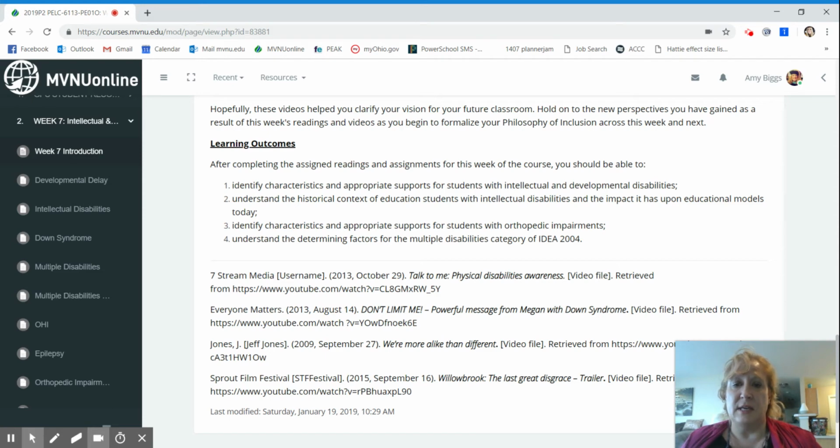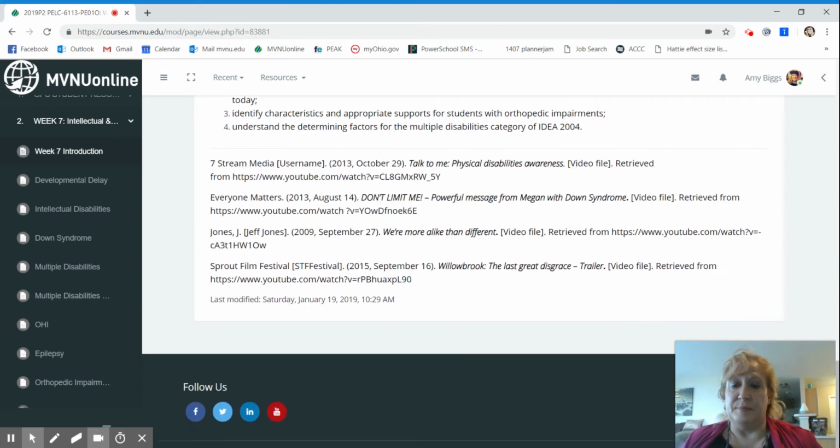You need to understand the historical context of education of students with intellectual disabilities and the impact of that. You need to be able to understand characteristics and appropriate supports for students with orthopedic impairments and understand the determining factors for the multiple disabilities category of IDEA.